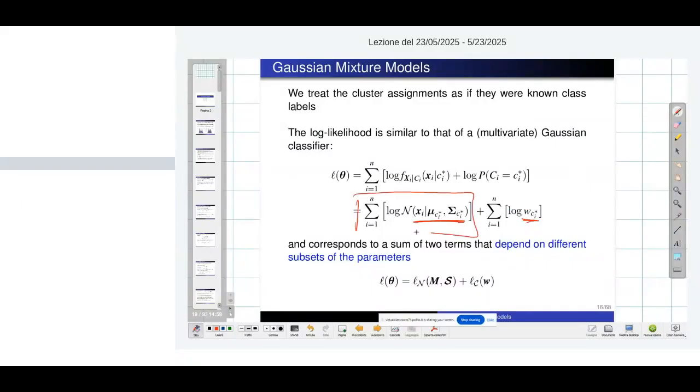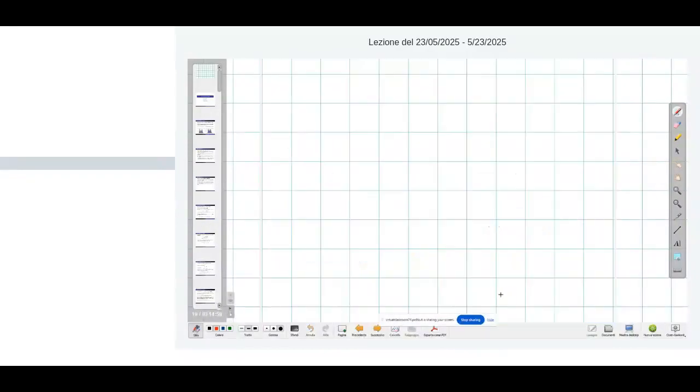And this first part looks exactly the same as the log likelihood of an MVG model. So the solution for this part will be exactly what we said before. Since the second part does not depend on mu and sigma, when I maximize with respect to mu and sigma, it is irrelevant. I can independently maximize these two terms on their own.